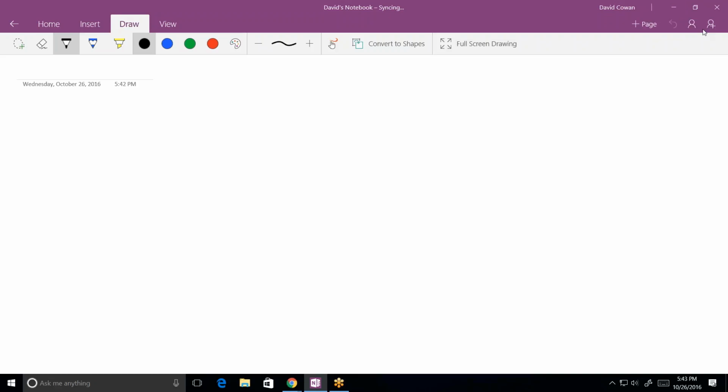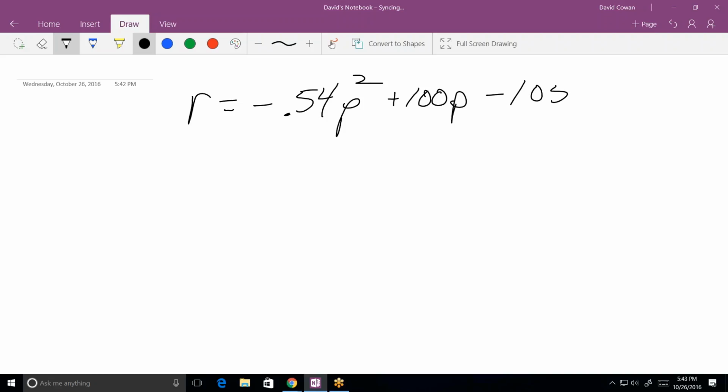Now I am confused. We had r equals minus 0.54p squared. What was the rest of it? Plus 100p minus 105. 105? Yes. And p equals what?